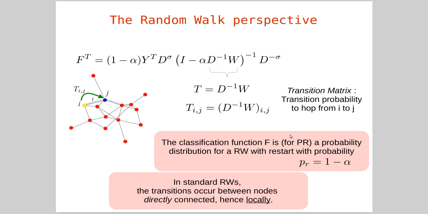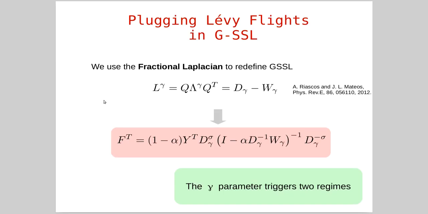The point that you can improve is that when you use standard random walks, you just go from one node toward another one that is directly connected. So it is exactly where we can do better, because in this case we plugged Lévy flights, these anomalous diffusions that we discussed before, into these semi-supervised learning methods.